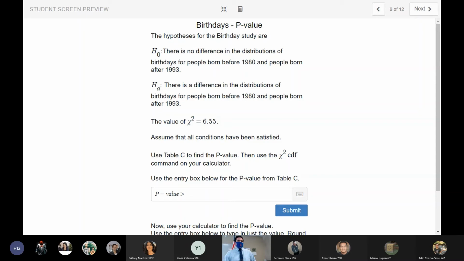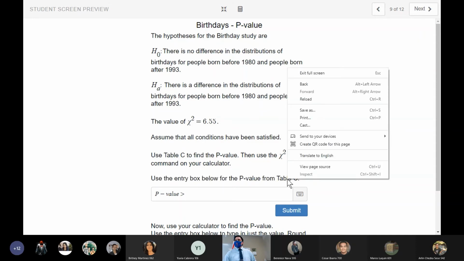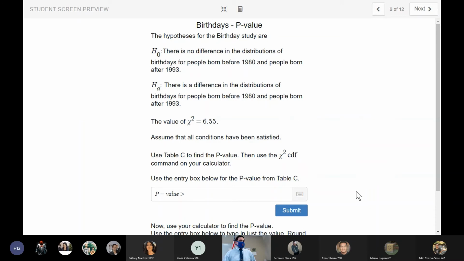It's showing up as a link here, but not on this. Don't know why. Anyway, the table C down here should be a link. Otherwise, there is a link to the formulas and tables in Teams. If you go to the files in this class in Teams, it should be there, and it's also in Canvas.